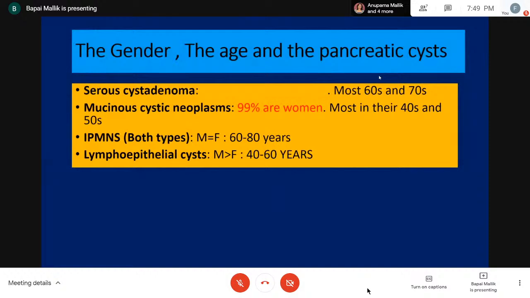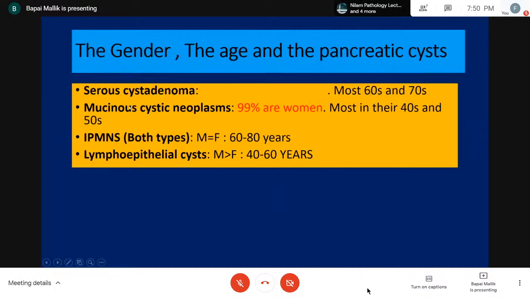So now, going to the multimodal approach, first of all, let us look at gender and age in pancreatic cysts. Not quite often do we see such a grouping. Let's look at these pictures very carefully. For serous cystadenomas, most of them are in the 60s and 70s, and almost 75% of them are women. So serous cystadenomas: women in the 60s, 70s, and also in the 80s.